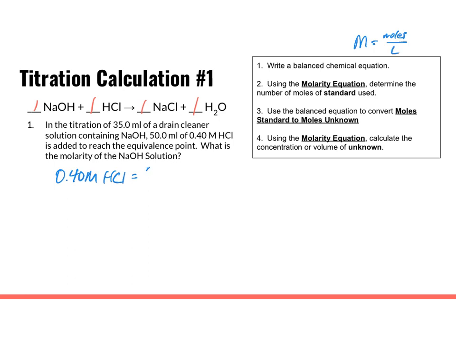So I'm going to be solving for moles, and it doesn't say anything about liters. Oh wait, it does say 50 milliliters, but I need liters on the bottom here, so I need to change that. And if you remember how to do that, all we have to do is take that 50 milliliters and divide it by 1,000. So when we do that, we're going to get 0.05 liters.